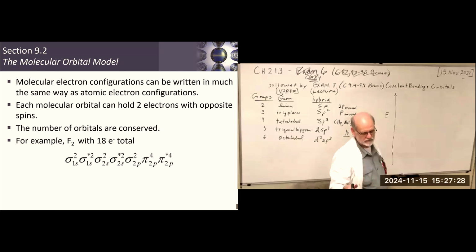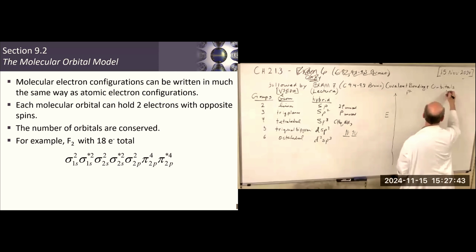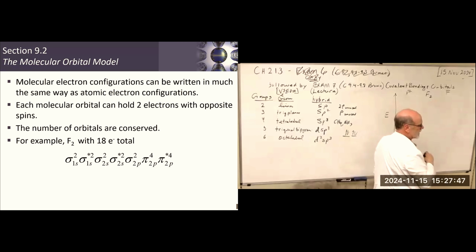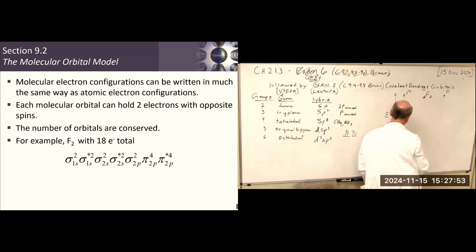So we start with 2 because fluorine is in the second period. But in this diagram, in this method, we've also included the 1s's. So if we did that down here, we'd have fluorine here, and then difluorine there. And let's see, we have 9 electrons, and 18 here.